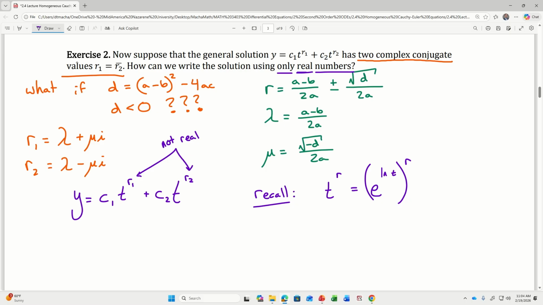And then that means this is the same thing as e raised to the power r times natural log of t.